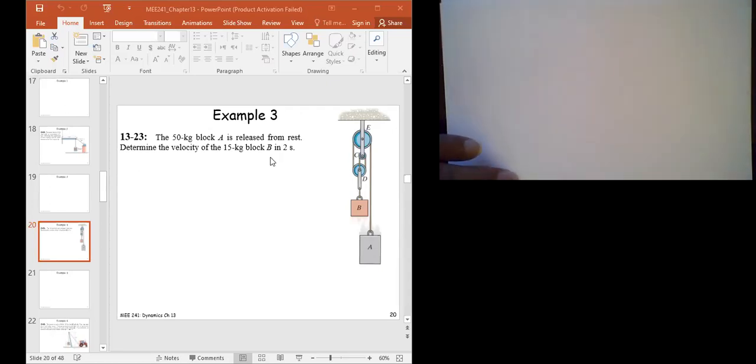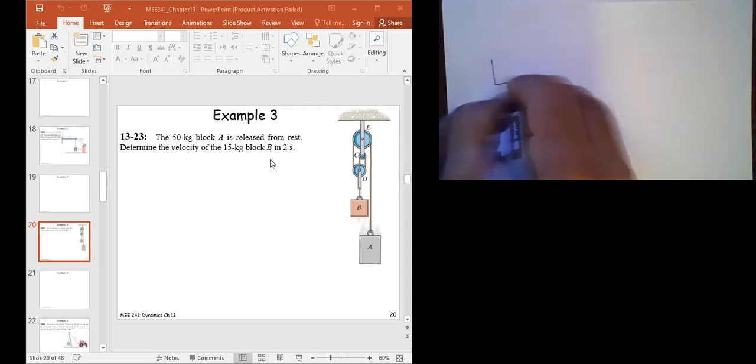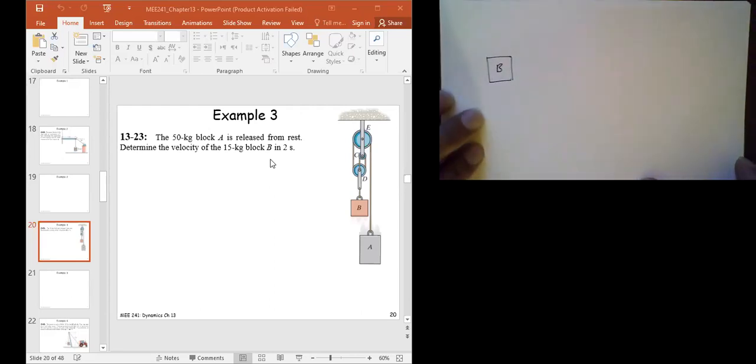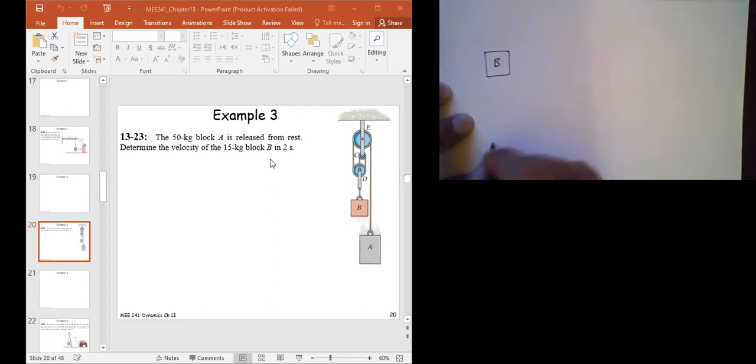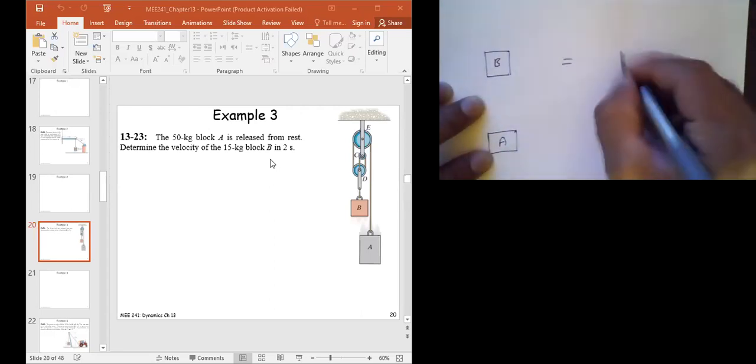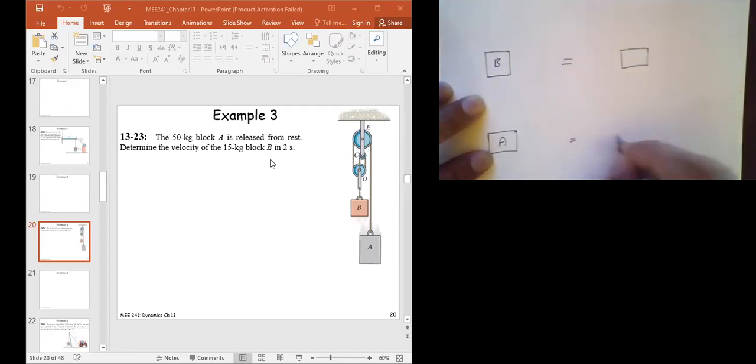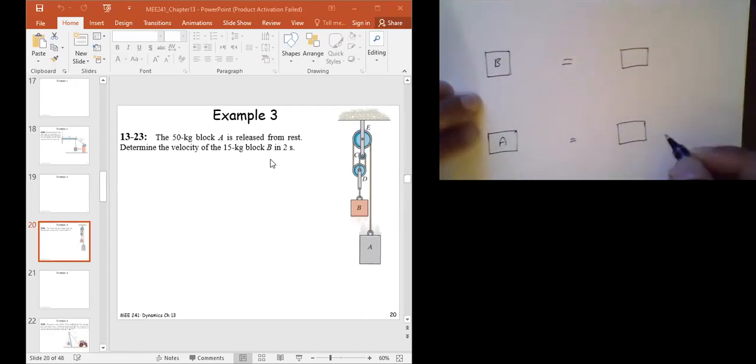We're going to do a free body diagram on B, and we're also going to do one on A. On B, we are going to have some acceleration diagram, and likewise on A. Here we're going to put external forces, and here we're going to put inertial forces.